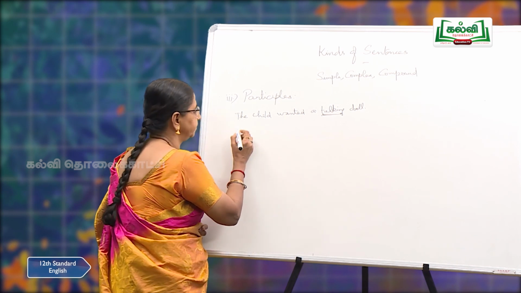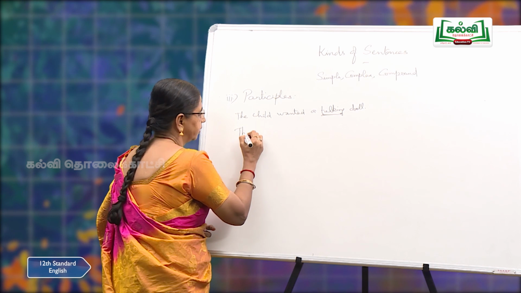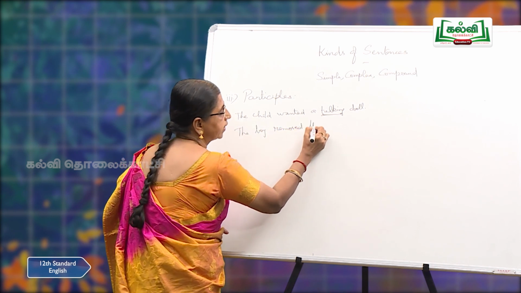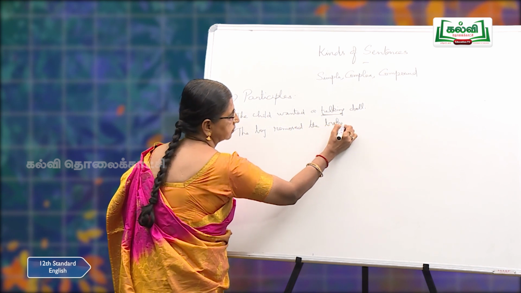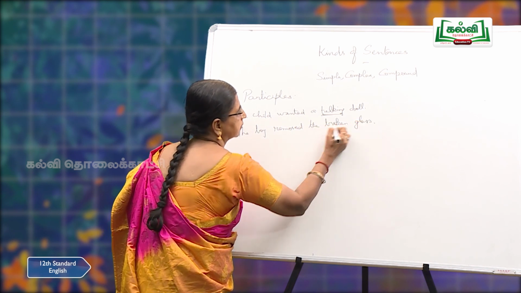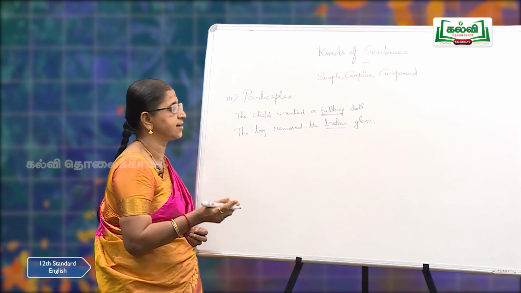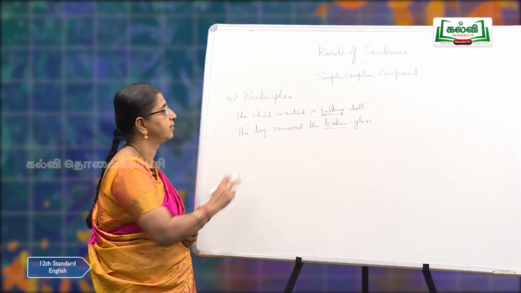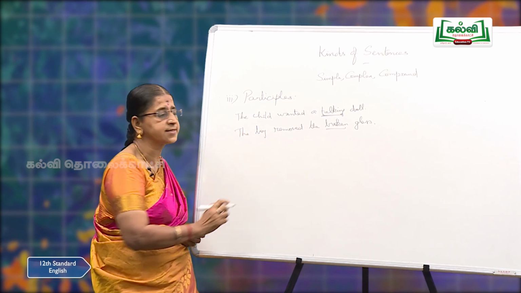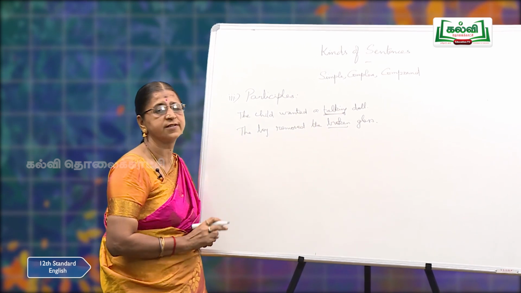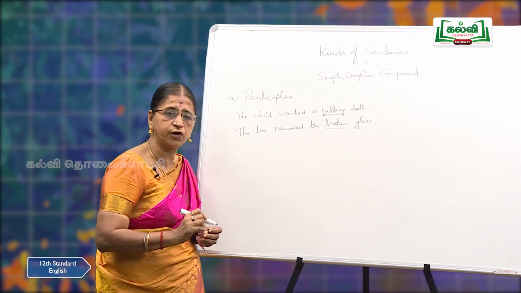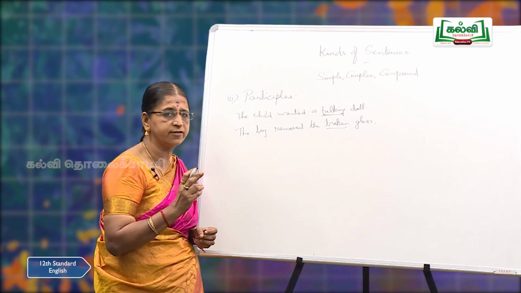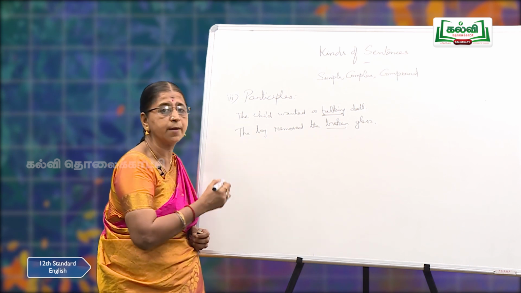Now, suppose I say the boy removed the broken glass. What kind of glass? Broken glass. So, as you know, break, broke, broken, this is the past participle. So, these are examples of participles. Here they function as adjectives. Now, mind you, why did I make a mention of all these? In your simple sentence you will get gerunds, infinitives and participles. So, I have given you a sample of these.